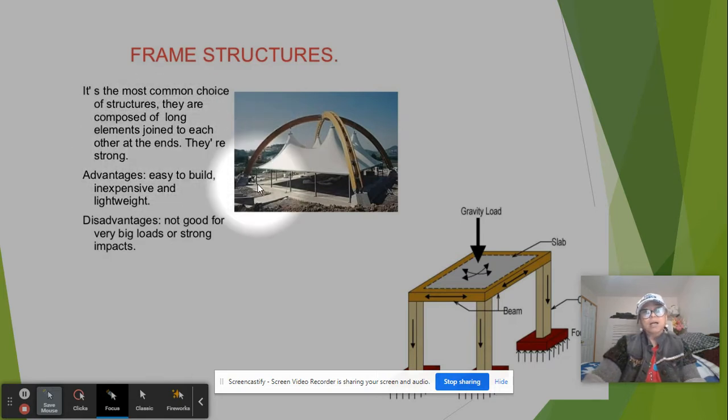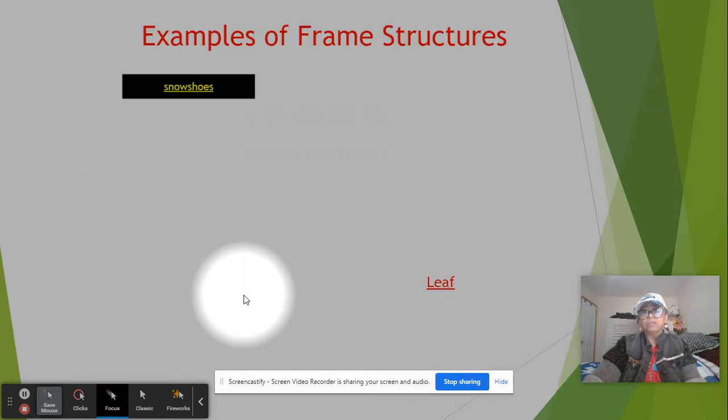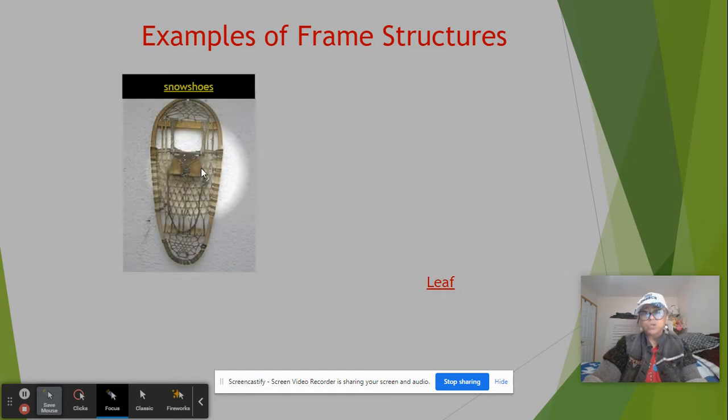They're strong, and there are supports on the sides. Advantages: easy to build, inexpensive and lightweight. Disadvantages: not good for very big loads or strong impacts. So a chair or even the desk that you're writing on can be considered frame structures. What are other examples of frame structures? Snowshoes, right?